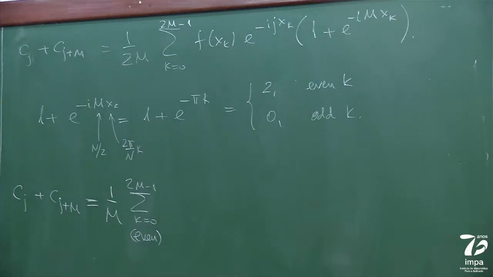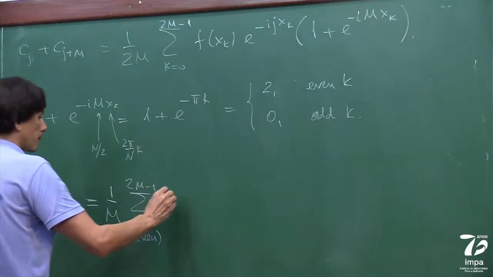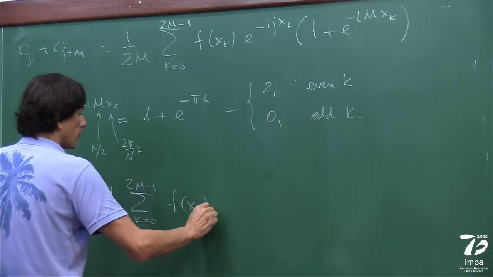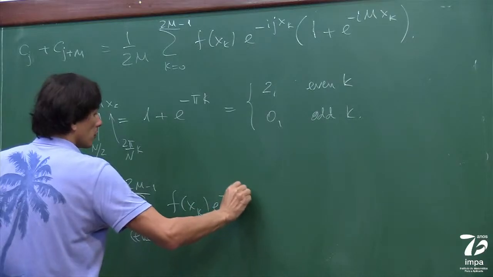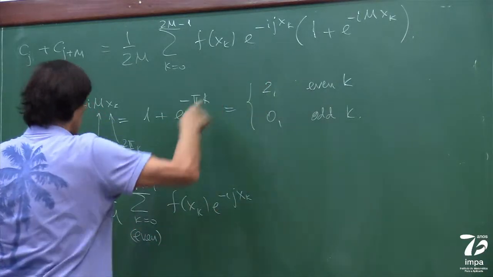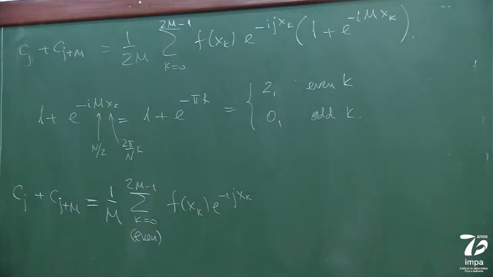Only even k are important, because odd terms give 0, and then that's what's remaining. And I already compensated the other 2 with this one. So the next step is to write explicitly that instead of k, you write 2k.